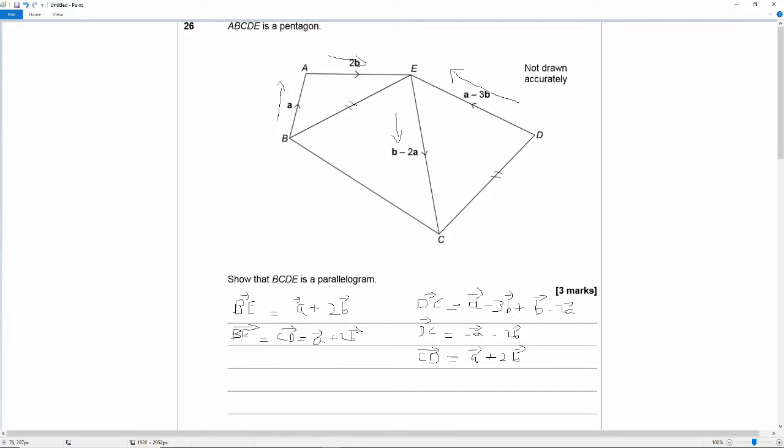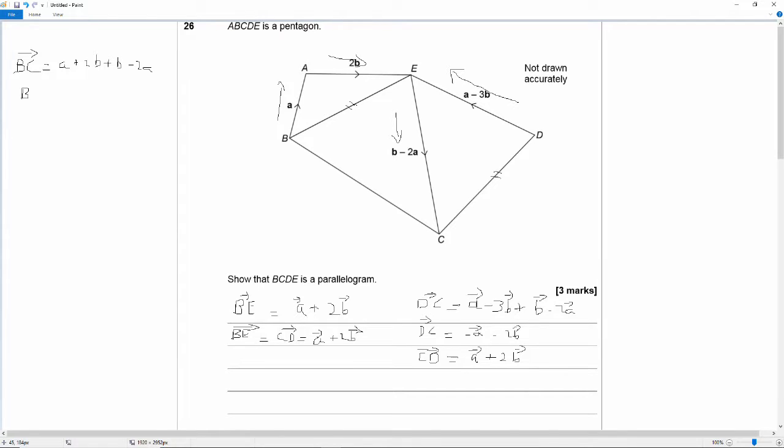So BC is equal to A plus 2B plus B minus 2A.